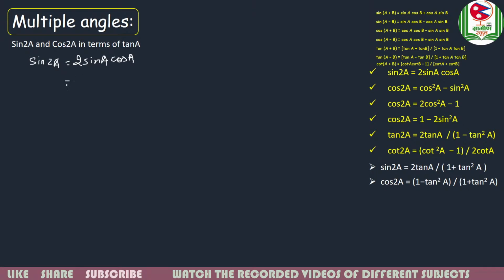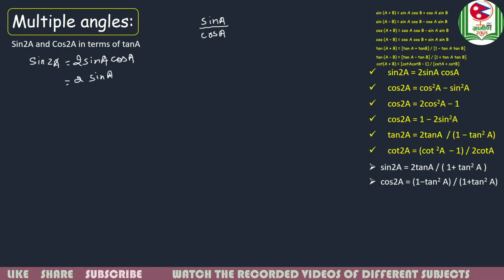Okay, so as we have to obtain the result in the form of tan, we know tan A equals sin A upon cos A. So as there is sin but there is no cos in the denominator, we will try to put cos in the denominator.